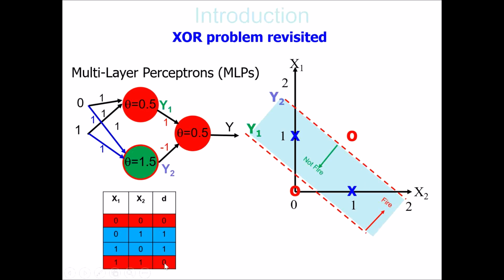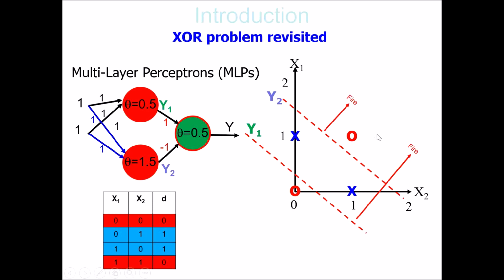For the final sample, which is the sample 1, 1, if we plug in the values here, 1 plus 1, you have 2. Since 2 is higher than 0.5, y1 will fire up. For y2, you have an input of 2. 2 is higher than 1.5, so in this case y2 will also fire up.